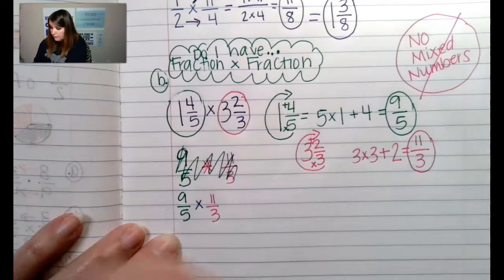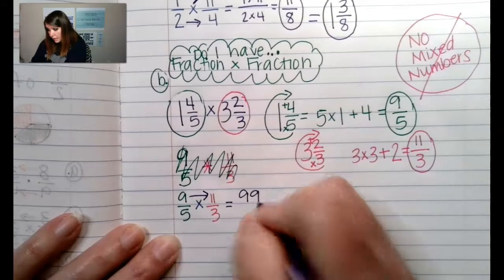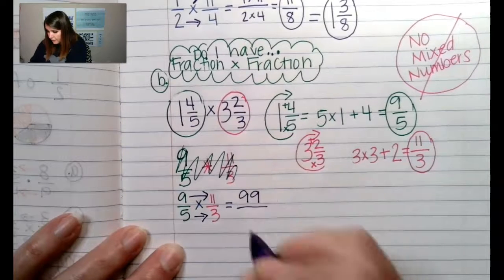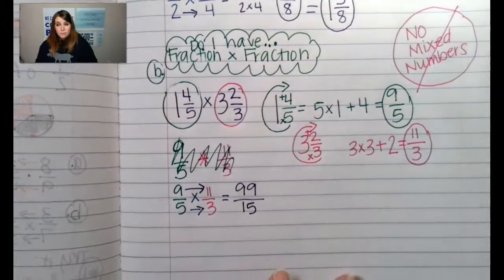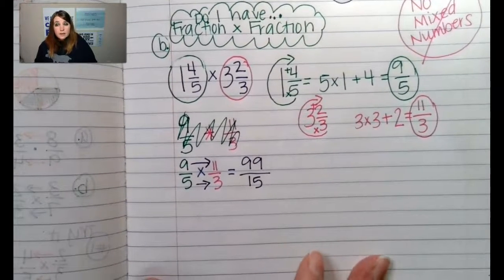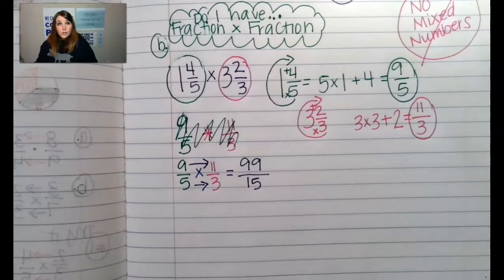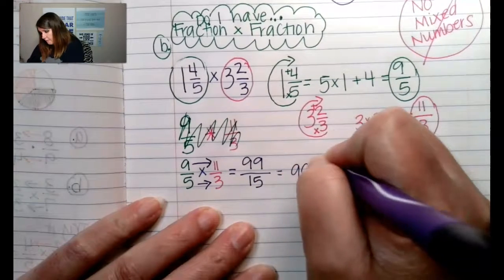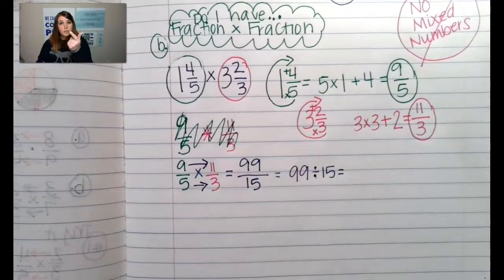Okay, ready? 9 times 11 gives us 99. And 5 times 3 gives us 15. Okay, now you can ask yourself, how many times does 15 go into 99? You could ask that. Or you can do division, right? 99 divided by 15. So we know 15, 30, 45.